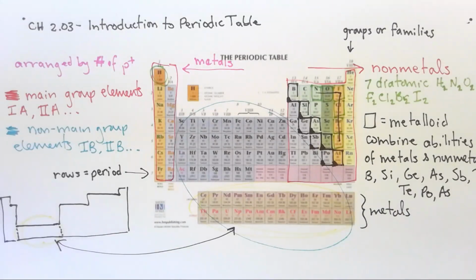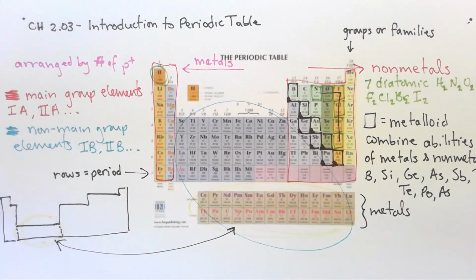All right, so to answer that question, you would want to go with one of these 2 columns because these are main group elements and these are also metals. If I asked you for one of the metalloids, you could tell me boron, silicon, germanium, arsenic, antimony, tellurium, any of those.